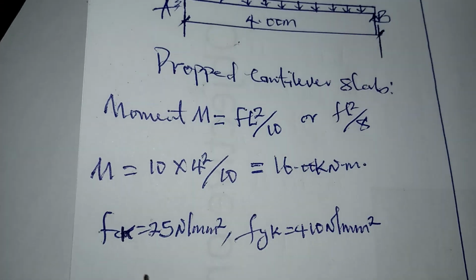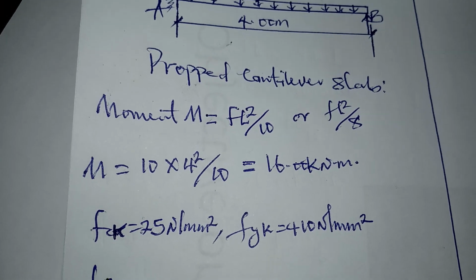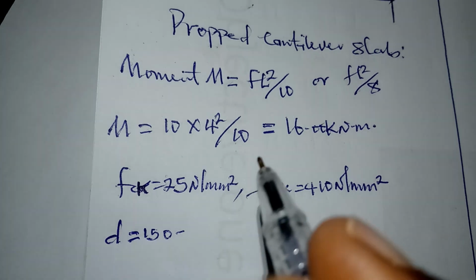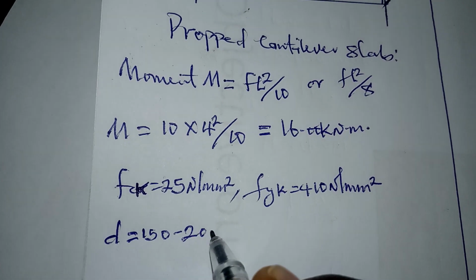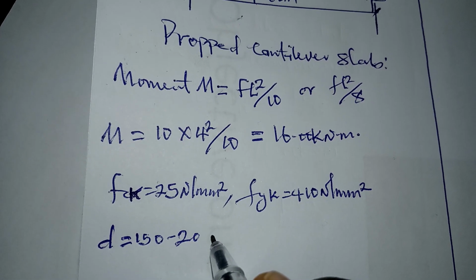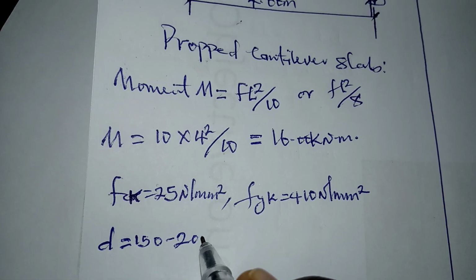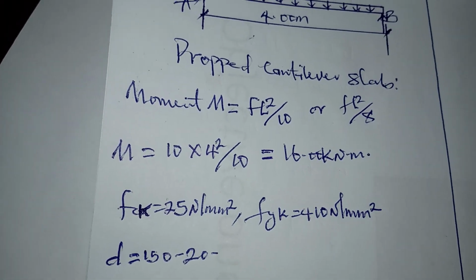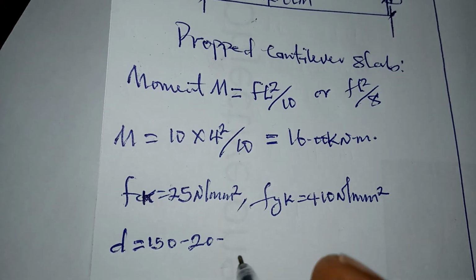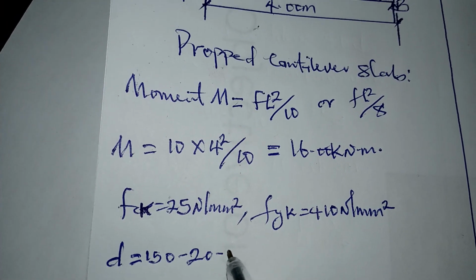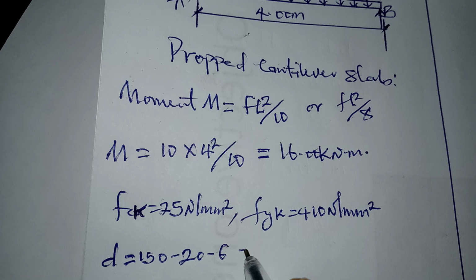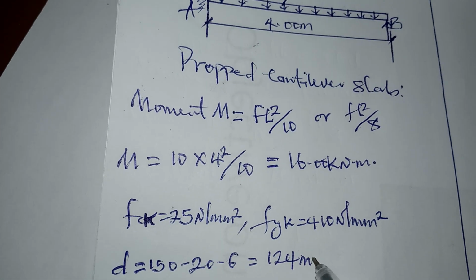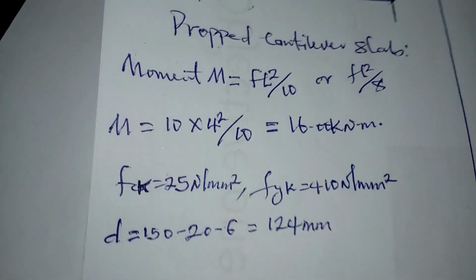And our d, we are using a slab depth of 150 mm minus the concrete cover of 20 mm, then minus an assumed 12 mm bar. So we are going to be taking half of that, from the bottom of the slab to the center of our reinforcement, which is half of 12 mm, that is 6, and that leaves us with 124 mm depth.